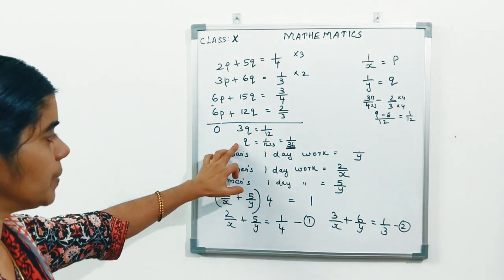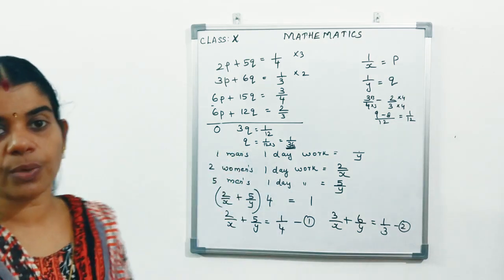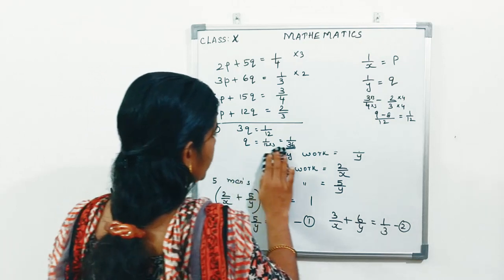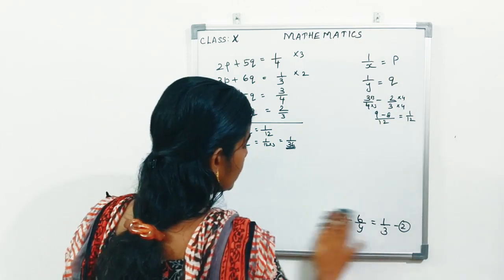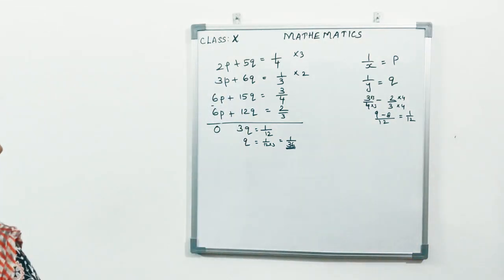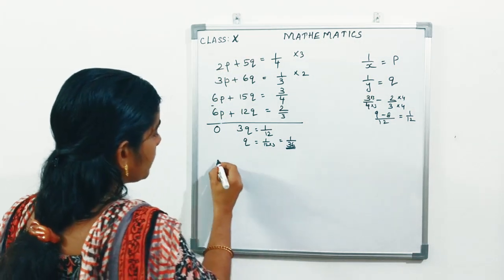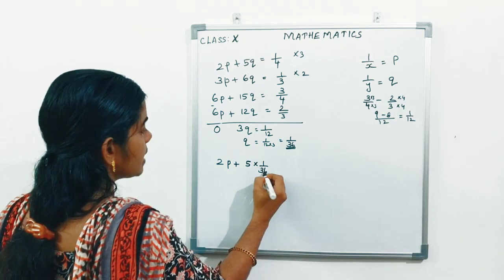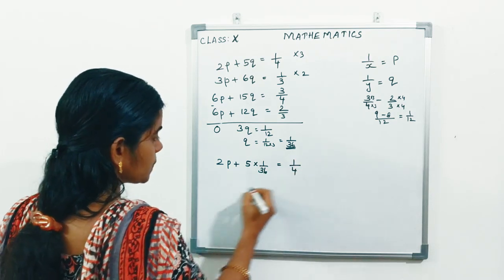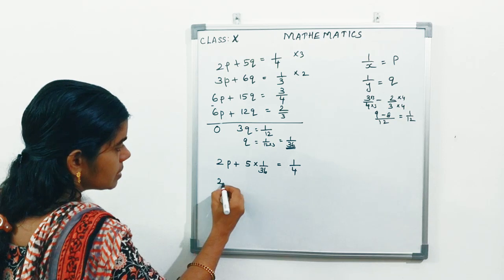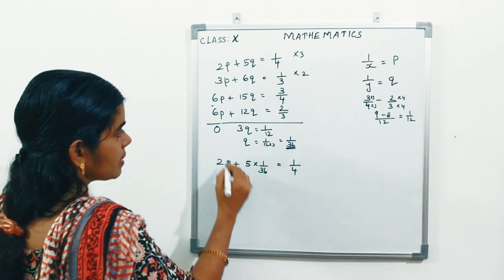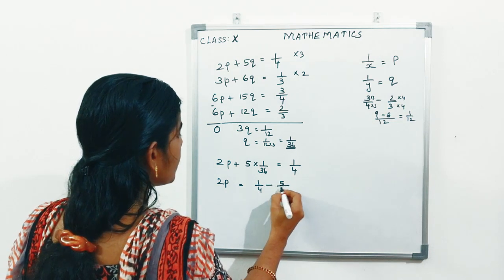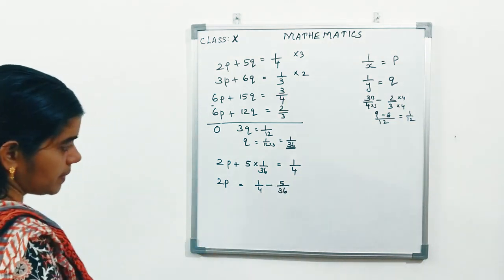You got the q value as 1 by 36. Then you want to find out the value of p also. Q is already found, then you want to find p. Then just look at the equation: 2p plus 5 into 1 by 36 is equal to 1 by 4. Then 2p is equal to 1 by 4 minus 5 by 36.